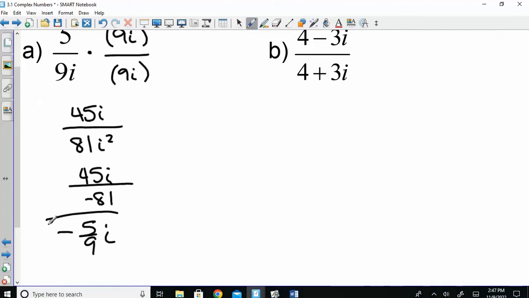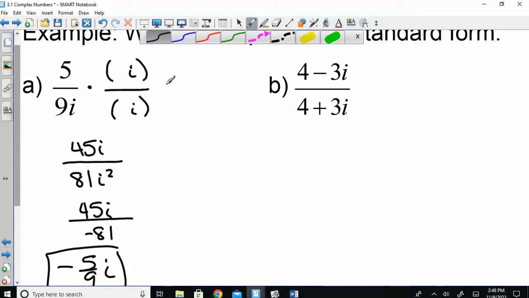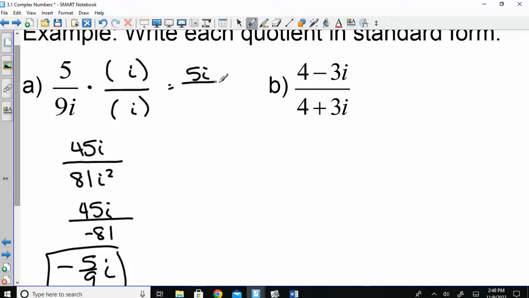So you get negative 5/9 i. Did you have to multiply by the 9? No. You could have also just multiplied by i, because the 9i is all one term. Then you would get 5i over 9i squared, 5i over negative 9, which is the same. So in that case, it doesn't matter. You just reduce later if you did multiply by the 9.